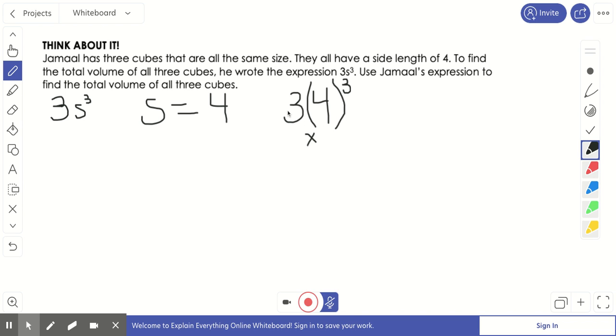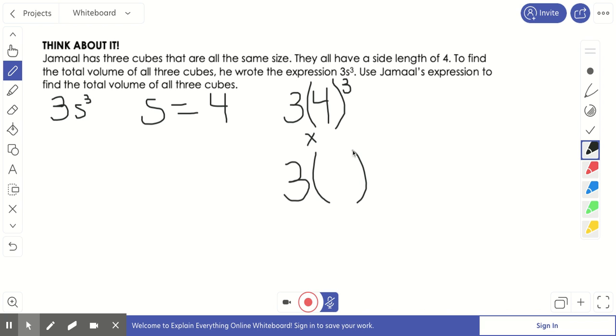I see that I have a multiplication problem, 3 times 4, and I also have an exponent, 4 to the third power. When I think about the order of operations, I know that I need to do exponents before multiplication. So I'm going to evaluate 4 to the third power.